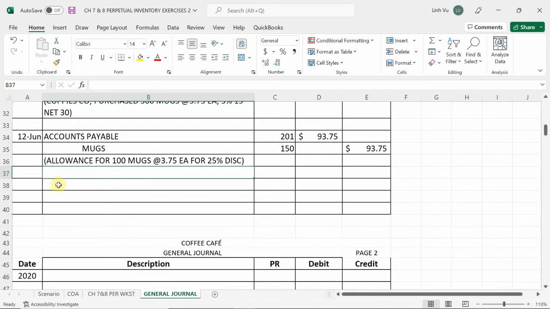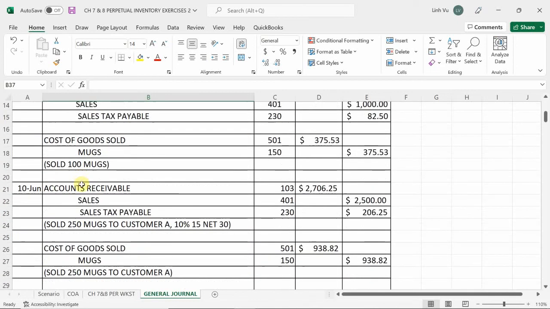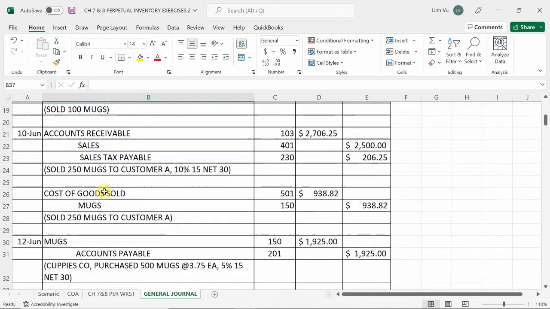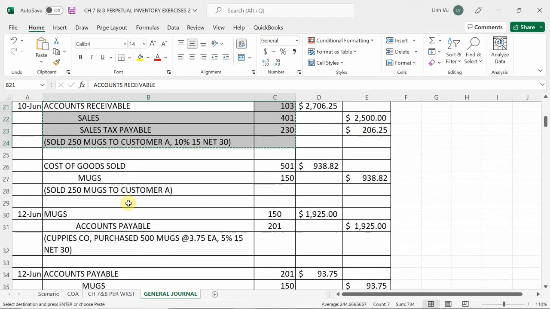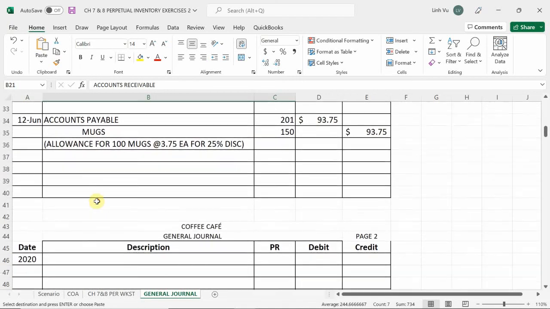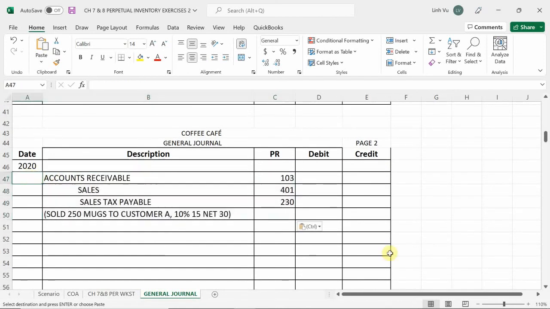Okay, in this case, I don't have enough space in my journal here, so I need to go ahead and put it into my new worksheet, my new journal. I already have a copy of a journal done here, and this is for June 15.